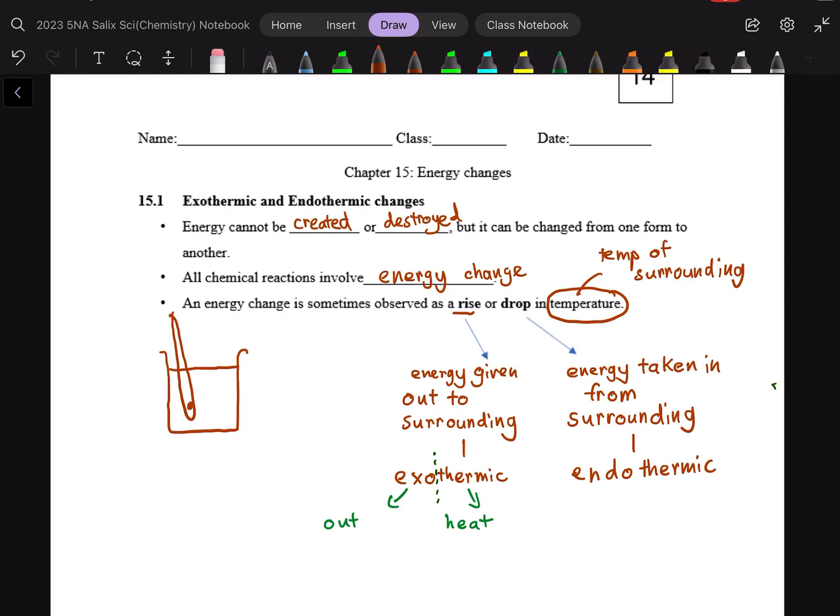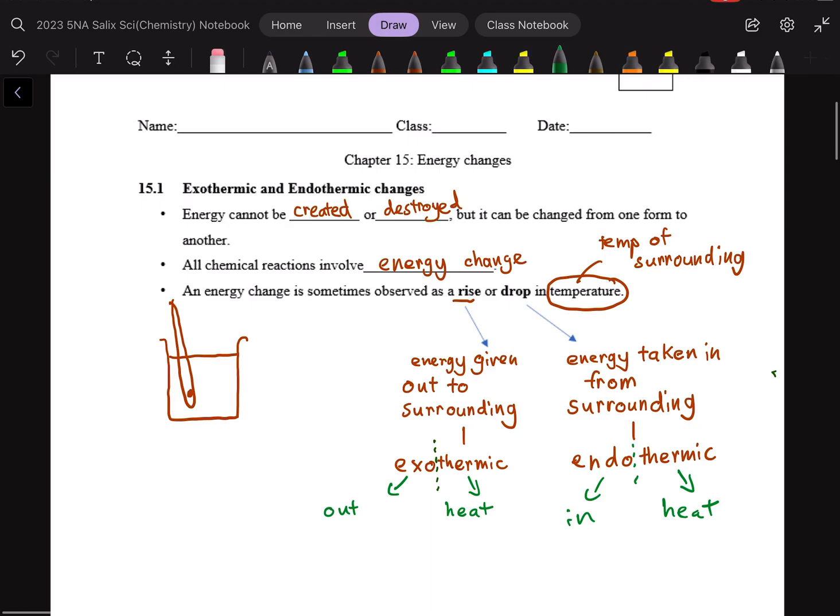If you break this word into half, endo means inside, thermic means heat. So heat is taken in from the surrounding. So this kind you will feel the temperature drop, right? The beaker should feel colder. So don't worry about exothermic and endothermic, I'm going to properly define it in the next page.